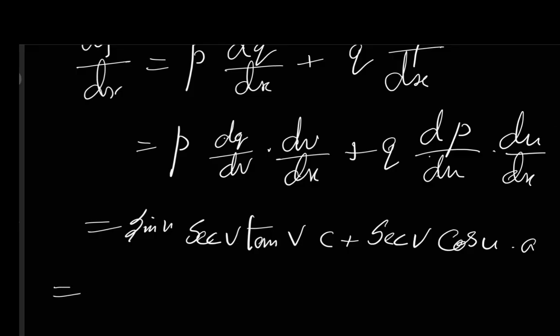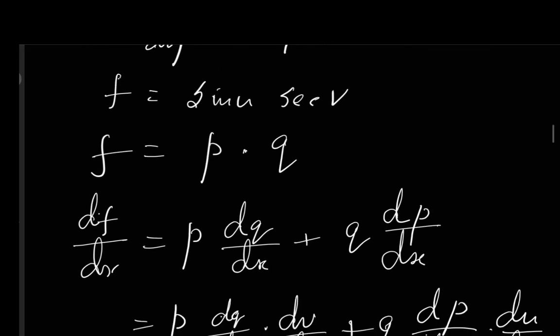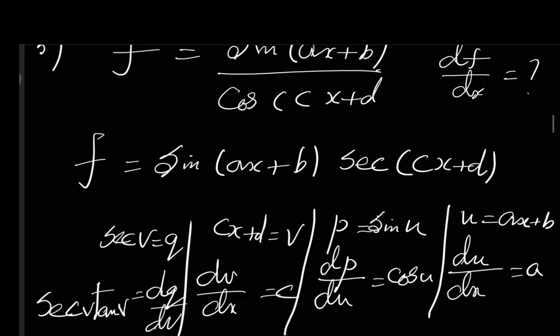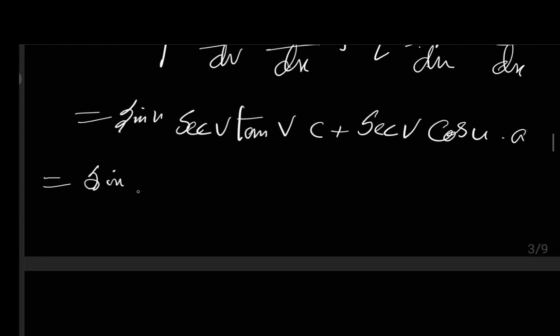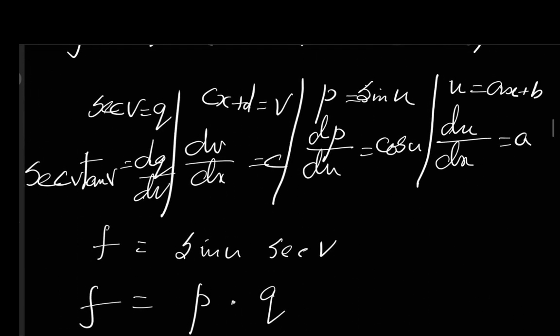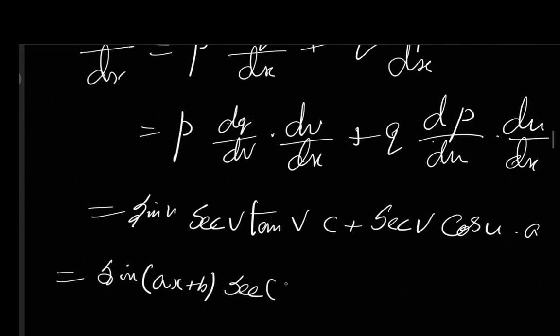So again you have to replace all the terms in terms of x. u is equal to ax plus b, so sine ax plus b. v is equal to cx plus d, so secant cx plus d and tan cx plus d, times c.